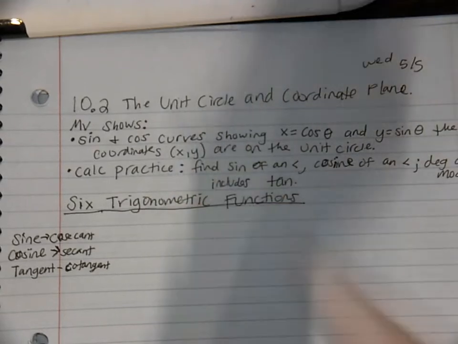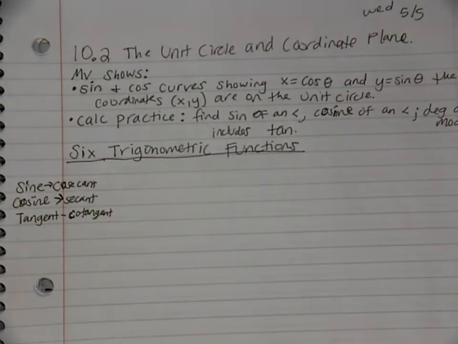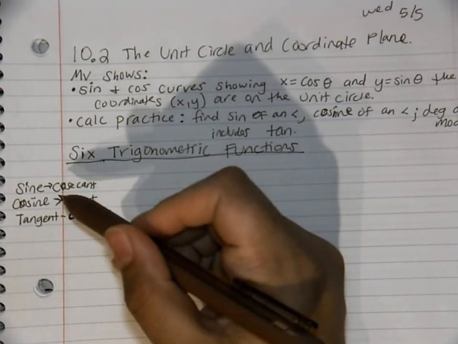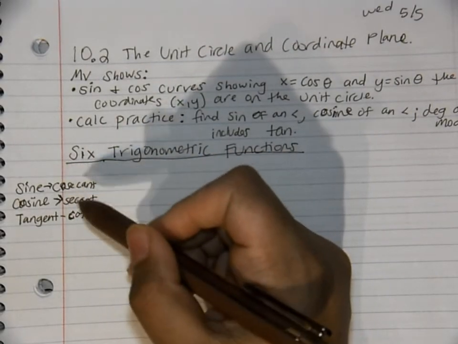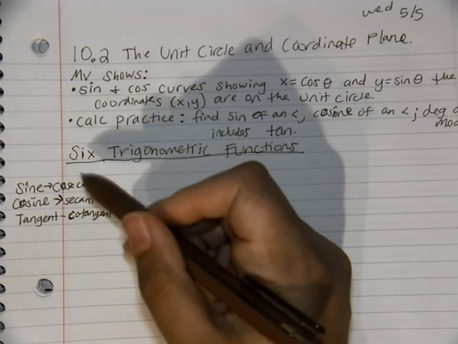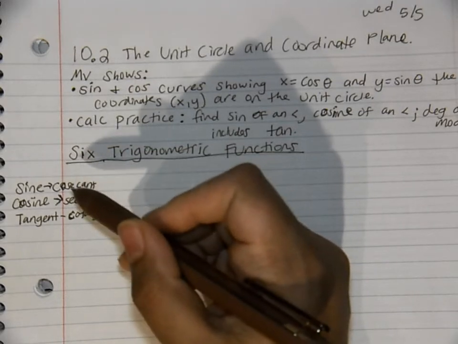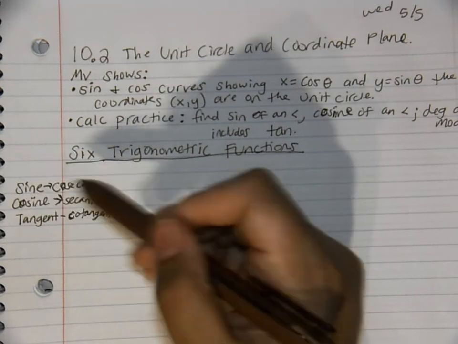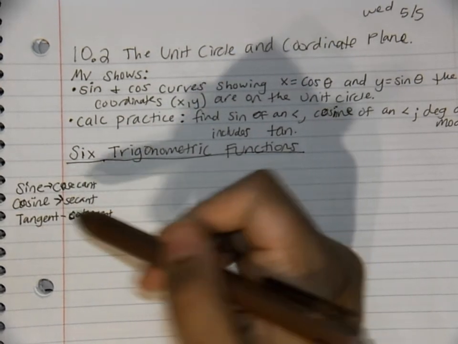Just a reminder that Michigan Virtual, for some reason, puts these in a different order. It puts secant, and then cosecant. It doesn't say that they are the inverses. I just don't like the order that they put them in. I would put them in this order because it shows you exactly which one is the reciprocal.